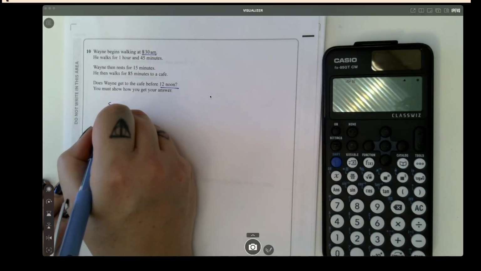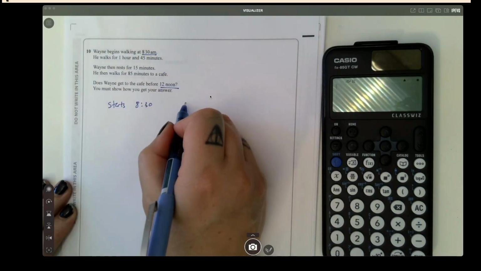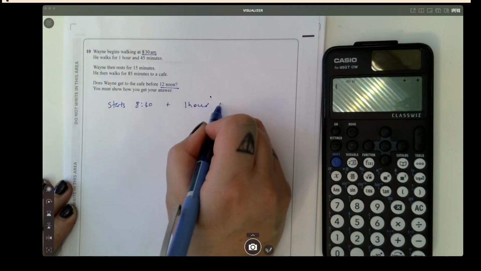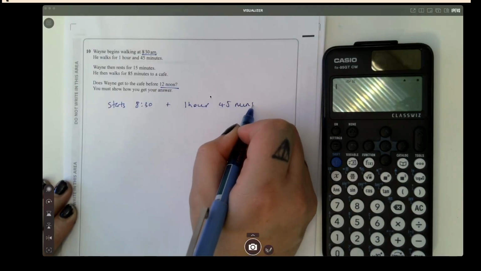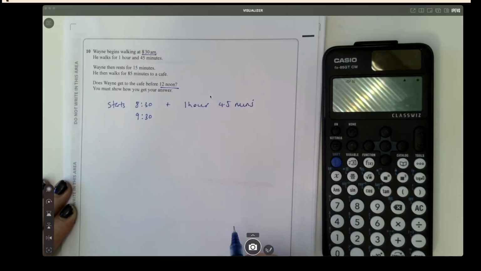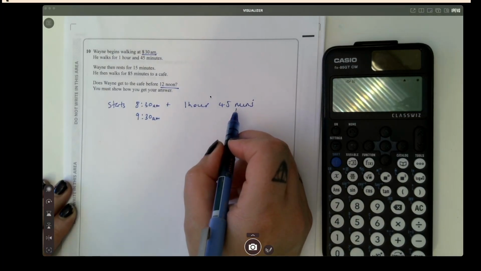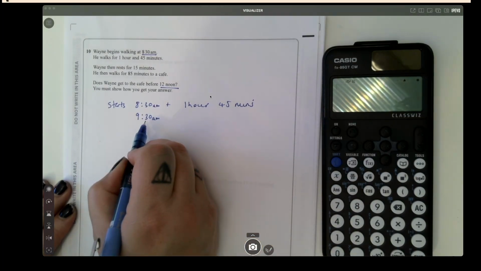Okay, so if he starts at 8:30 a.m. and then he walks for 1 hour and 45 minutes. So 1 hour on top of 8:30 would be 9:30. We're still in the AM here, remember? And then that 45 minutes, we have to remember that there are 60 minutes in an hour.